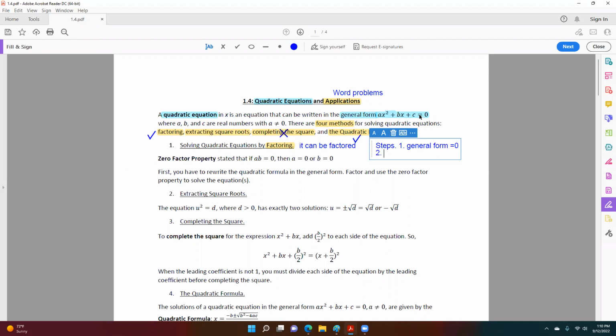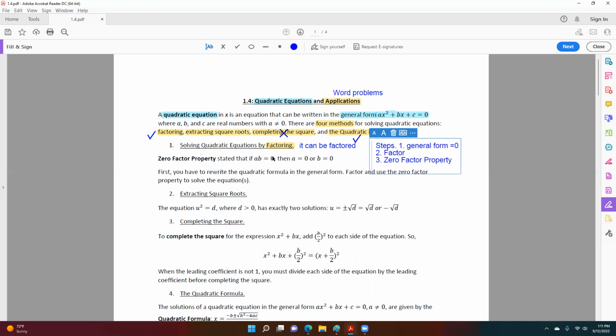The second step is you have to factor. And the third one is where you use the zero product property, or zero factor property. What is the zero factor property? It says that if you have factor a times b equals 0, then a equals 0 or b equals 0. This only happens if it has been factored and it is equal to 0.